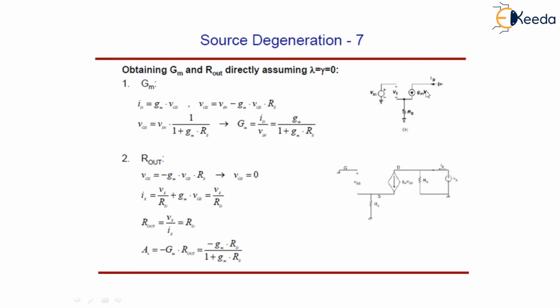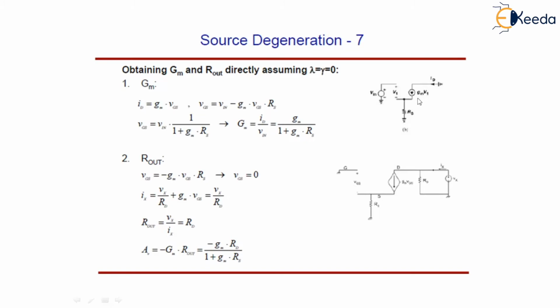When we try to find the equivalent transconductance of the circuit, we just short circuit the output. This current is taken as ID, and Vout is ignored, it's grounded. So we get ID equals Gm V1, where V1 is nothing else but VGS.